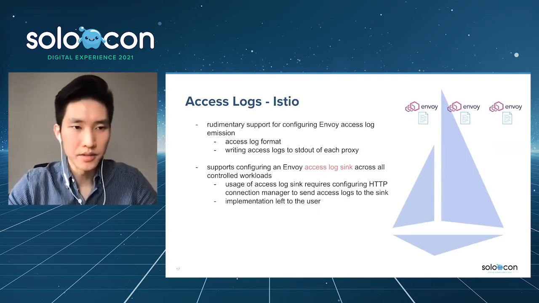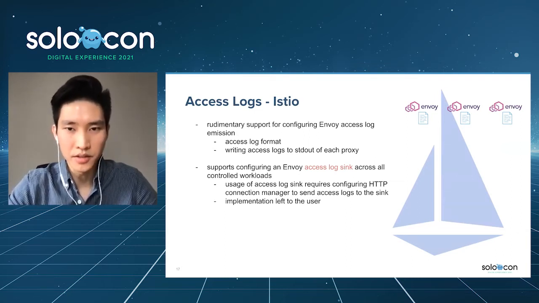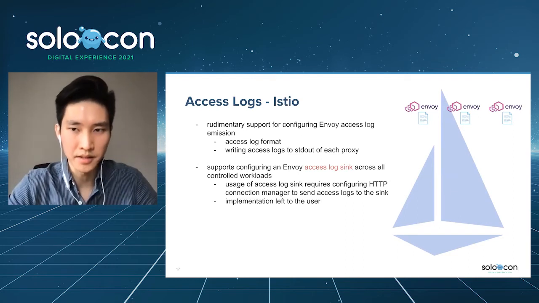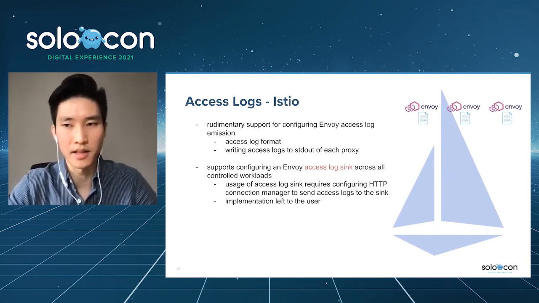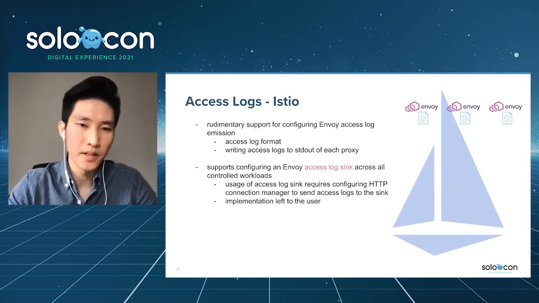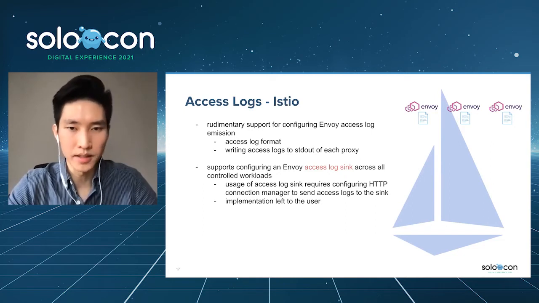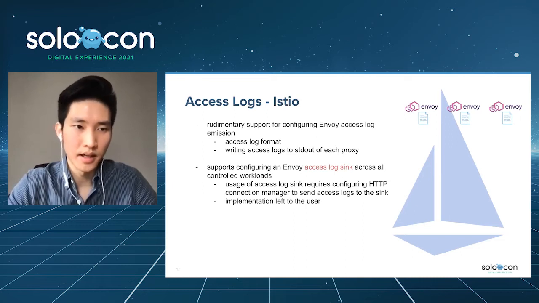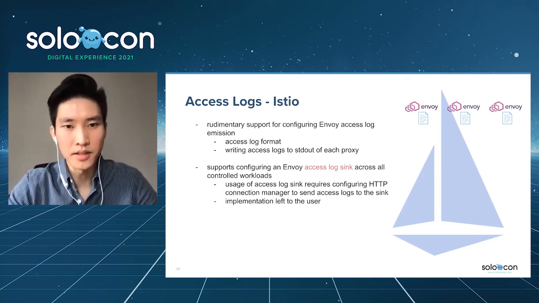Moving on to Istio's logging instrumentation. While Istio does not bring additional instrumentation, they do provide some basic support for configuring the access log emission from Envoy. You can configure both the format as well as enable writing of access logs to standard out. Alternatively, you can use Istio to configure the proxies to send their access logs to an access log sink.